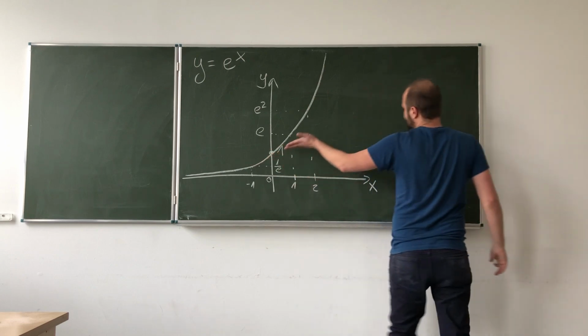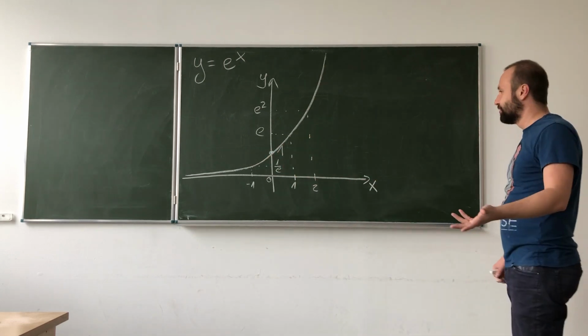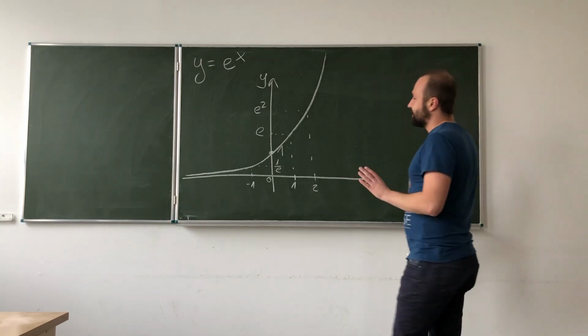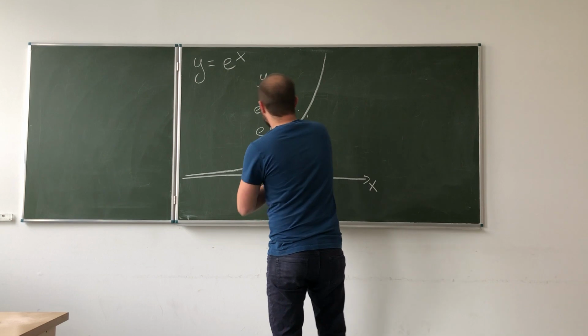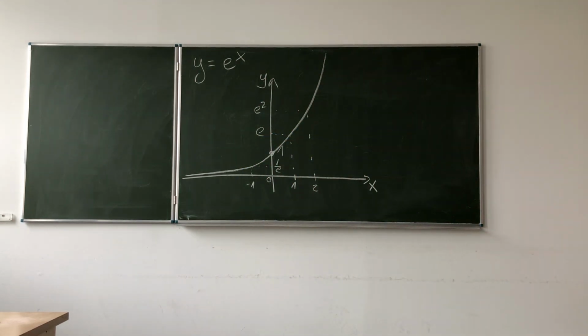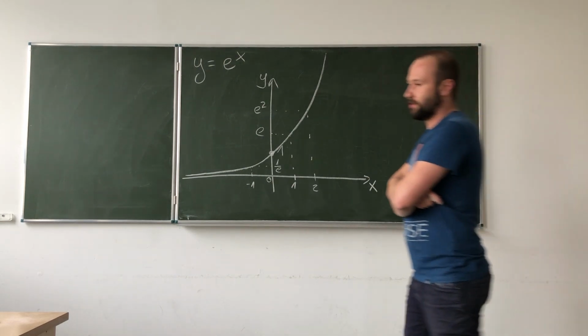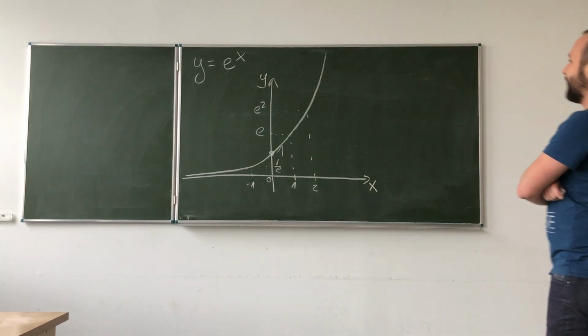The curvature is almost identical as in the case with 2, but there are some properties, mostly that you will see when we will start calculating derivatives extensively. They're very pleasant, and those are the properties we will not find in case of any other base.